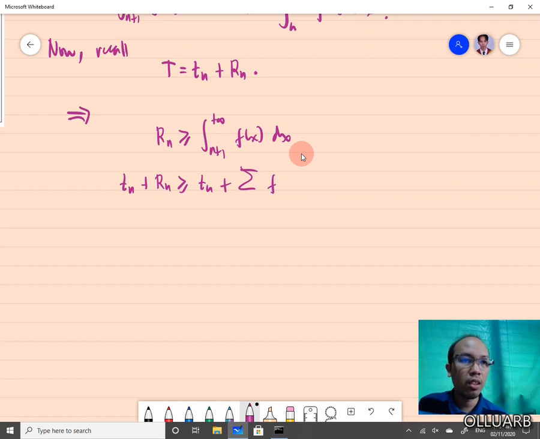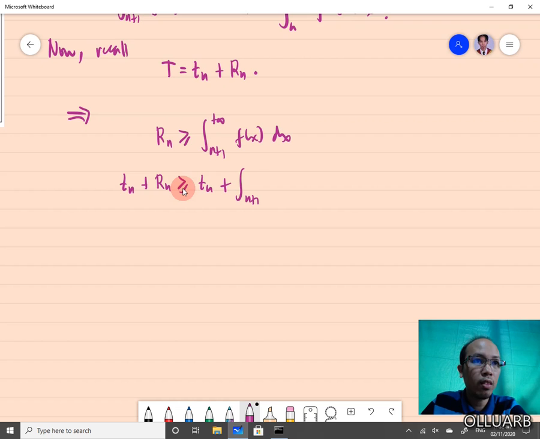Sorry again, this integral, I'm used to write the summation symbol. T sub n are positive. Notice that the terms of the integral test topic are positive valued. Okay, so please remember that this is positive. If we add both sides by t sub n, the inequality will not be reversed.